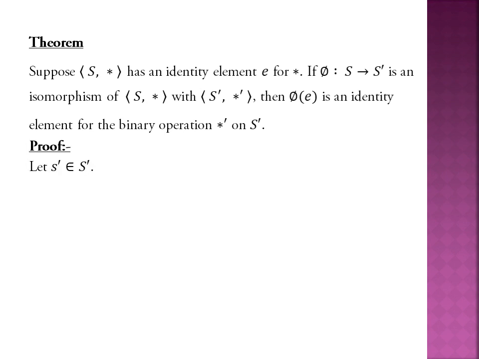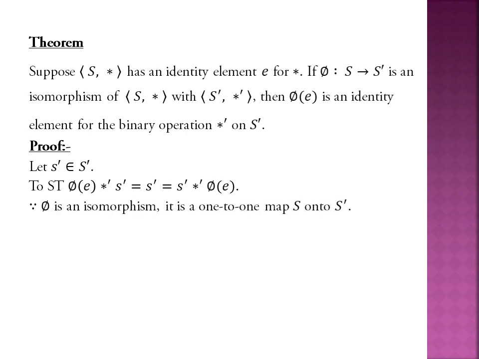Proof. Let s dash belong to S dash. We have to show that phi of e is an identity element for the binary operation star dash on S dash. That is to show that phi of e star dash s dash equals s dash, which is equal to s dash star dash phi of e.